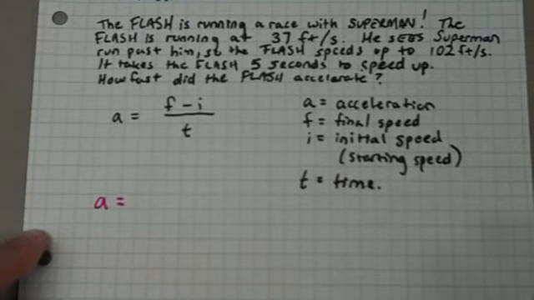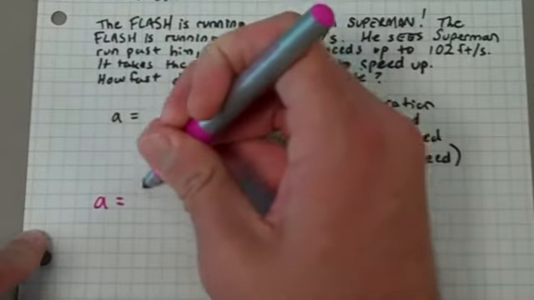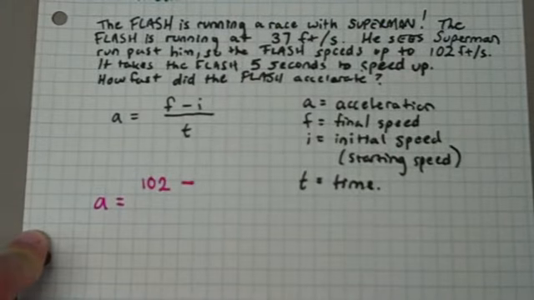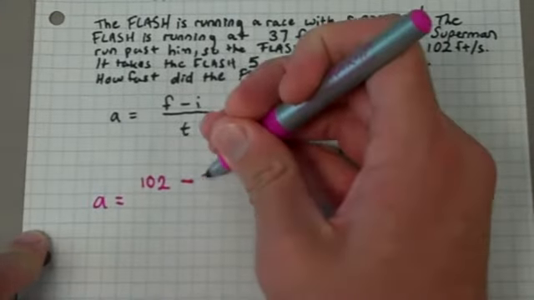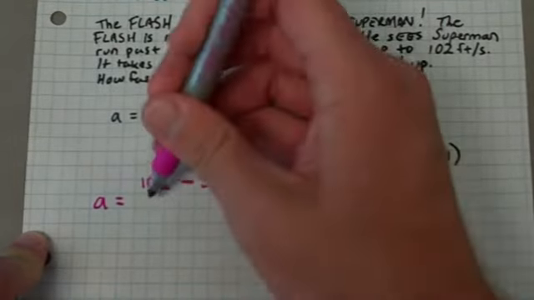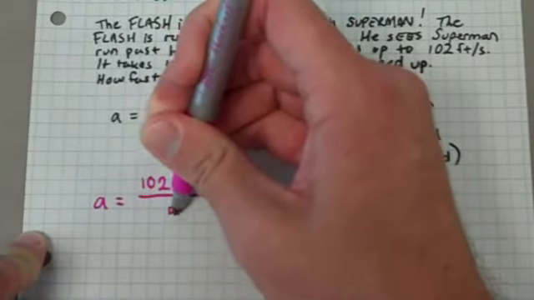He started at a certain speed, and then he sped up, and now he's cruising at 102. Subtracting the initial speed. Initially, he was running at 37 feet per second, and then he had to speed up because Superman is just so fast. And it took him 5 seconds to do that.